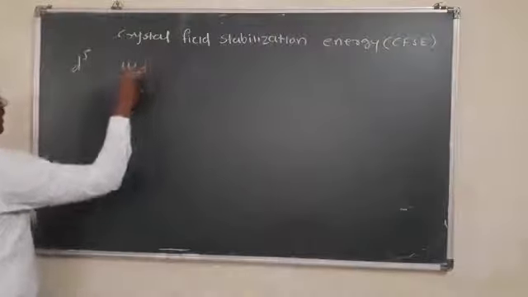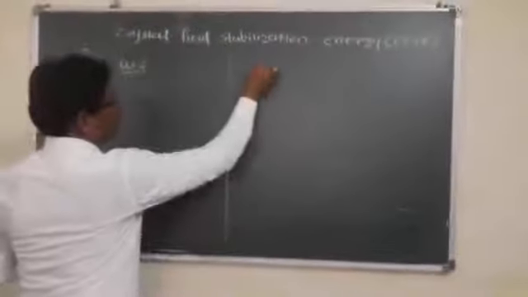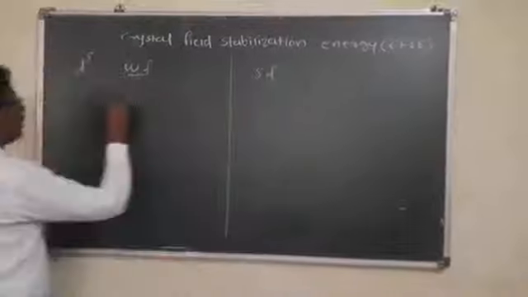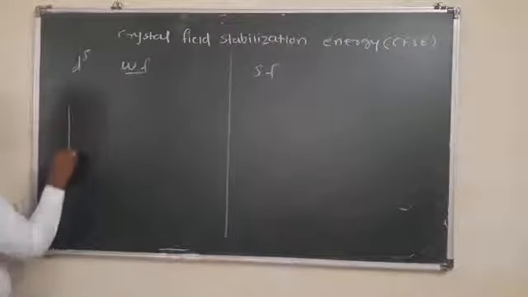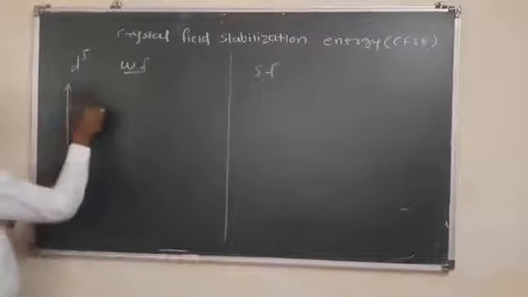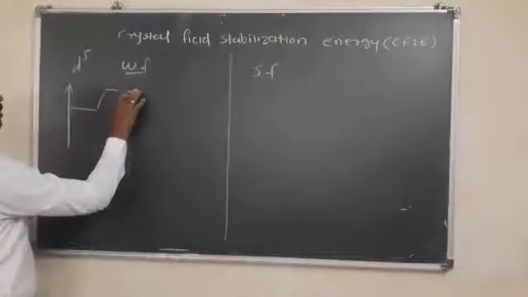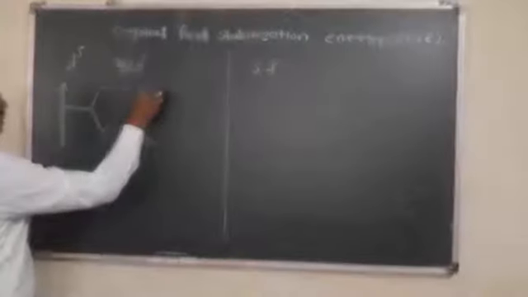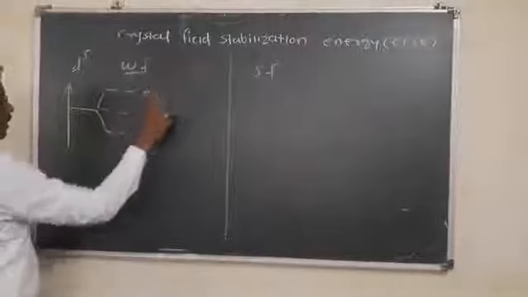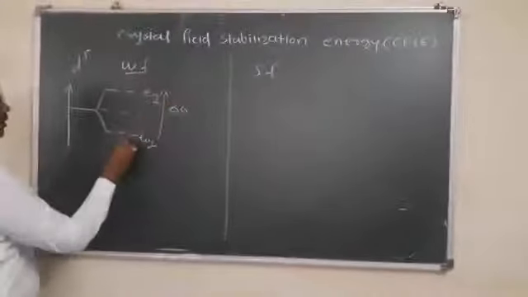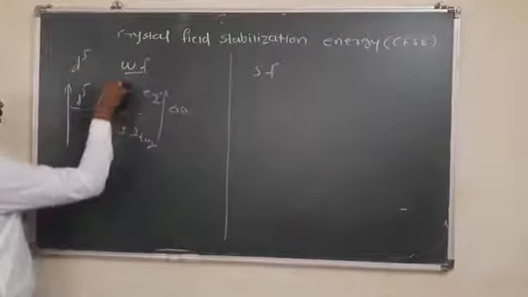One more example is the d5 case, in weak field and in strong field ligands. The d5 electron case: t2g and eg, delta O. Here d5 has electrons 1, 2, 3, 4, 5.